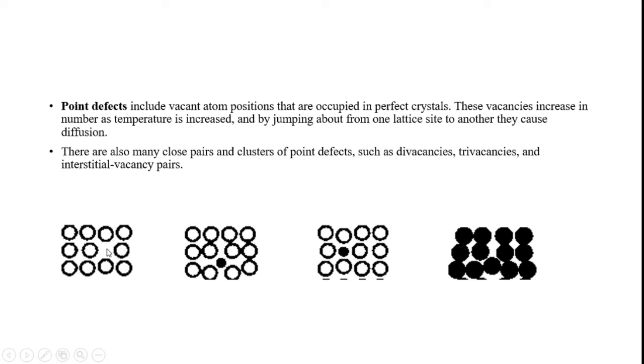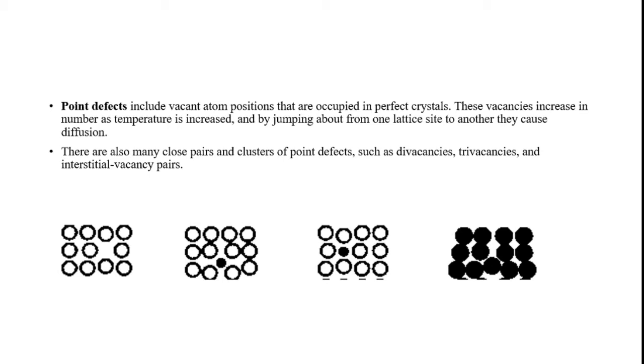These kinds of vacancies are available in the crystal structure. These vacancies increase in number as temperature is increased, and by jumping about from one lattice site to another, they cause diffusion. That diffusion is called the point defect.